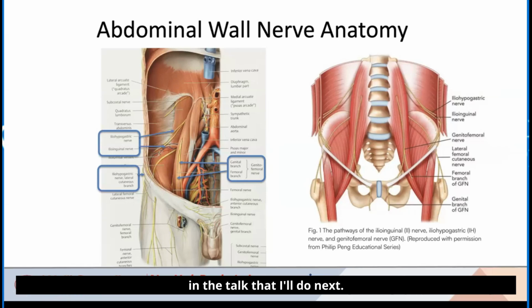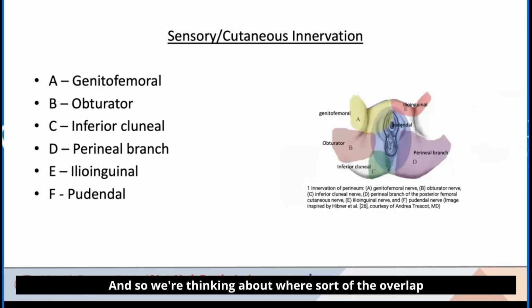When we're thinking about where the overlap for some of this cutaneous innervation comes from, I hope this picture is helpful when thinking about a neurogenic process and neuropathic pain, and where that might present. Here it is outlined. A is the genitofemoral nerve. B is the inner thigh and groin region with the obturator nerve.